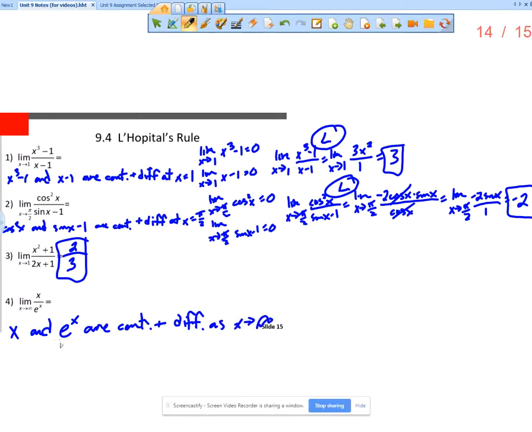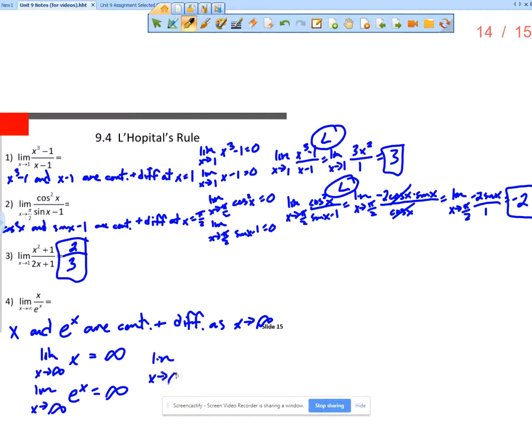Now we would say, okay, the limit as x approaches infinity of x is infinity, and the limit as x approaches infinity of e to the x is also infinity. Those two things tell us that L'Hopital's rule applies.